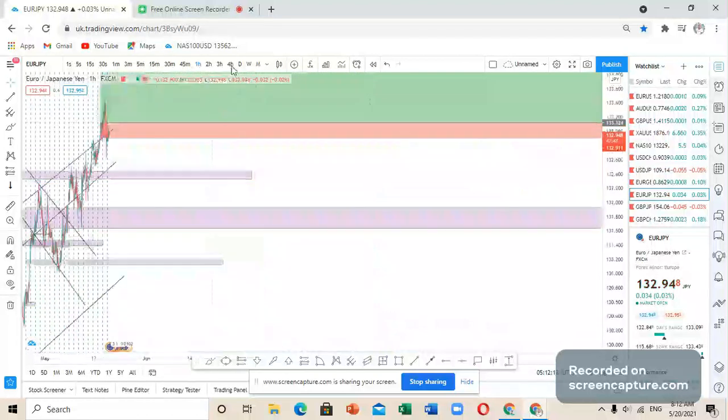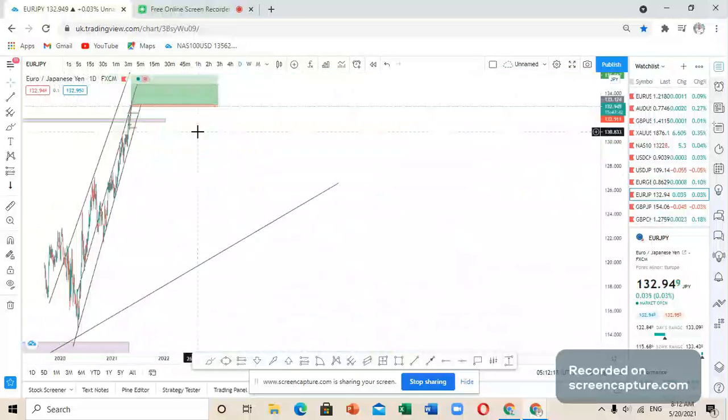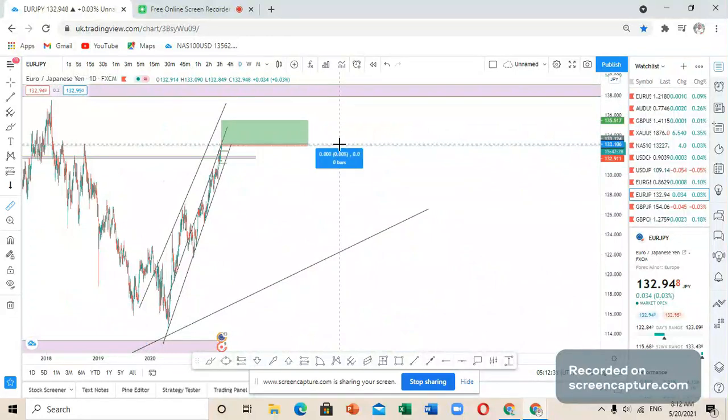So let me just move to a higher time frame so I can calculate the reward. So to get a total reward of 2,500 pips, yeah.